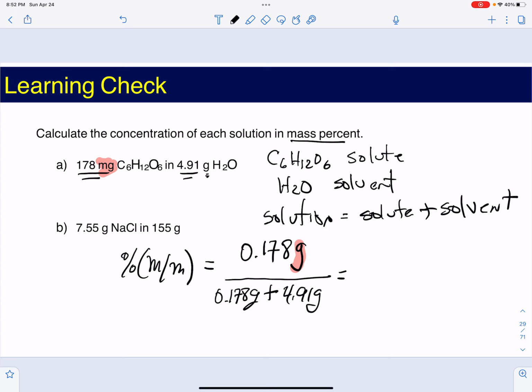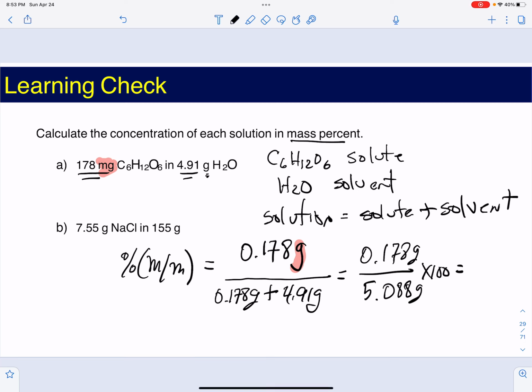So when we do that, we are going to have, give me a second to pull out my calculator, please. When we do that, we're going to have 0.178 grams over 5.088 grams. And we are going to multiply this by 100 to make it a percentage.